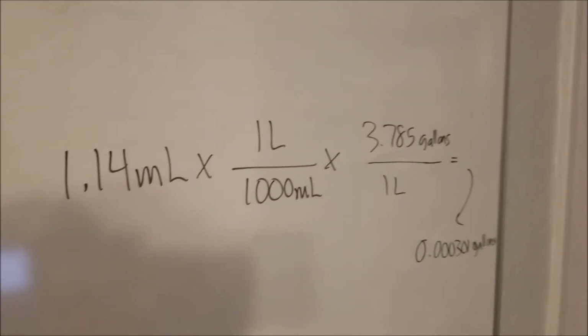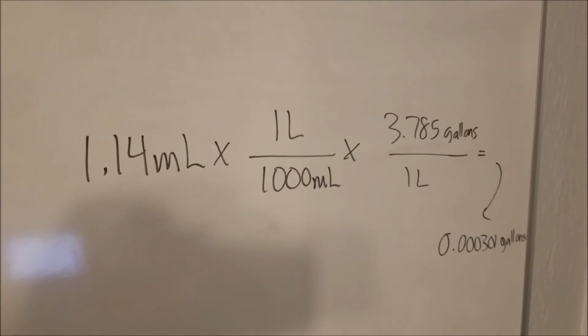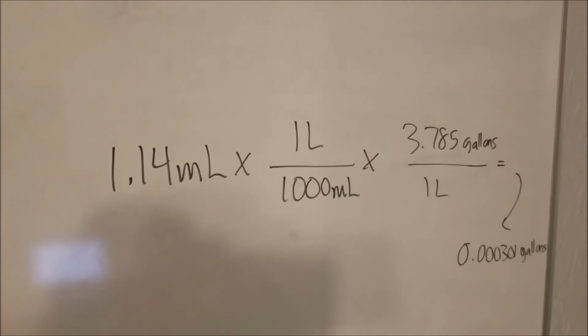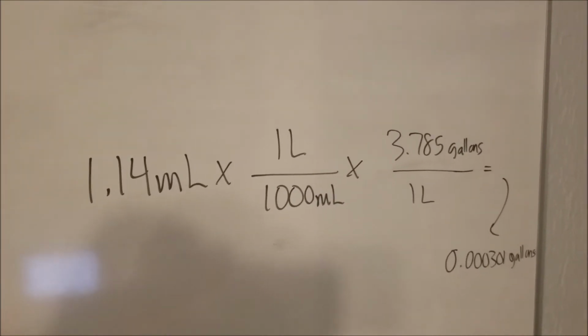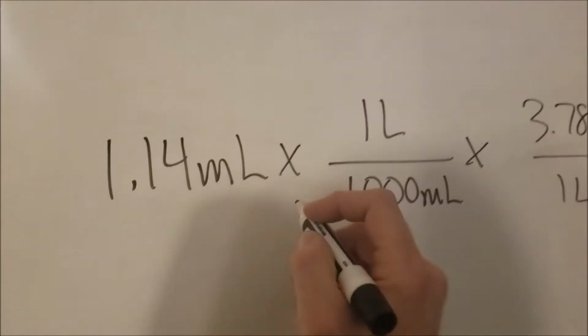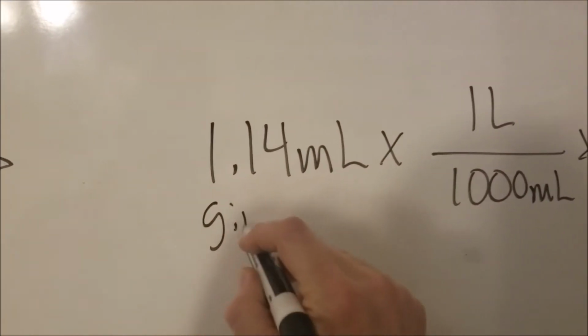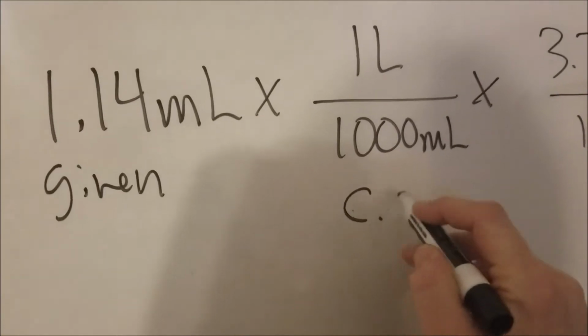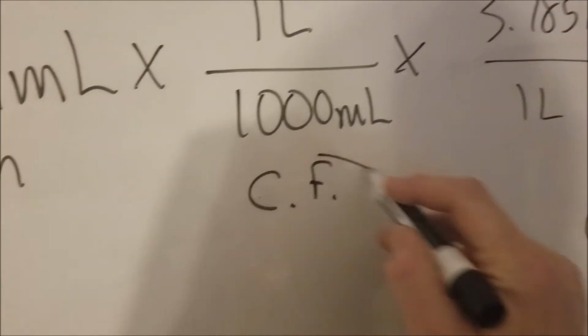Okay, so here's how we would set up the problem. We write the quantity that's given, 1.14 milliliters, and then use the other two conversion factors. So this is the given quantity, and these are the conversion factors.